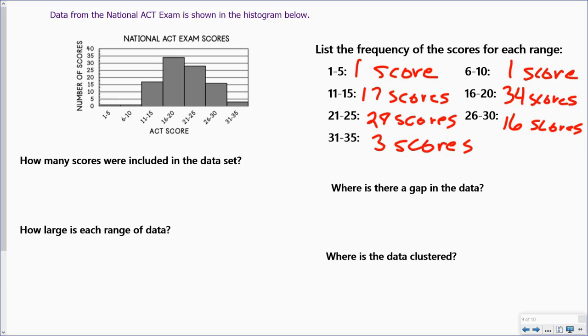And again, I'm getting my frequency by where the top of the bin ends up. And then my label matches my y-axis over here. How many scores were included in the data set? Well, if I add up all of my frequencies, I come up with 100 scores.